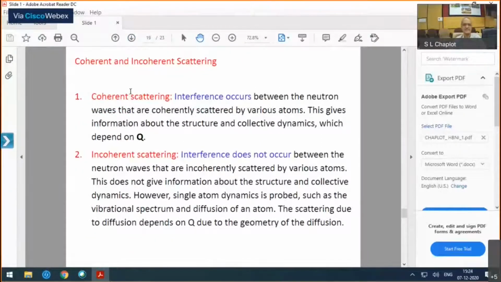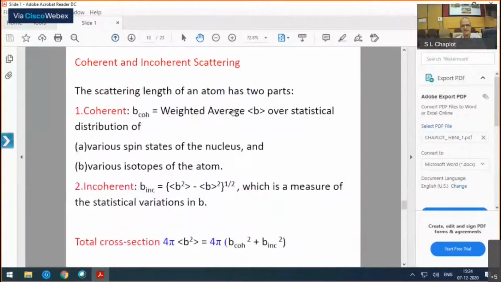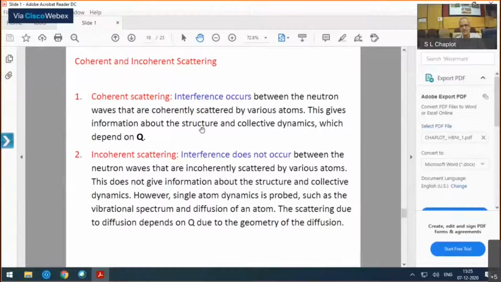What really happens is that the coherent scattering, meaning the average value over this statistical distribution, is the same for all the atoms of a given kind present in the solid at different lattice sites, and therefore interference does occur between the neutron waves that are coherently scattered by various atoms.